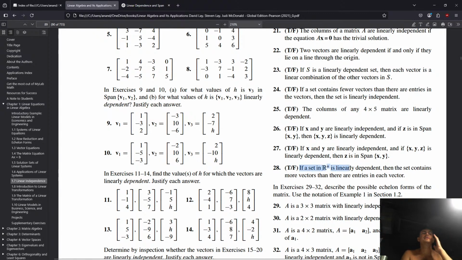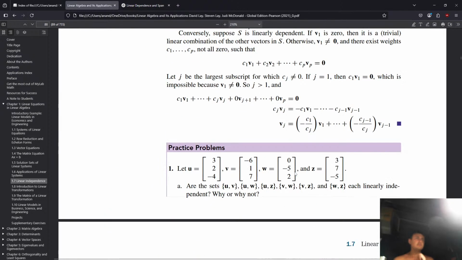It's an interesting phrasing. This is sort of new phrasing for us, I feel like. But that is the best way to write that. Then the set contains more vectors than there are entries in each vector. I believe that's true, because it's the same thing as before. It's because of Theorem 8.